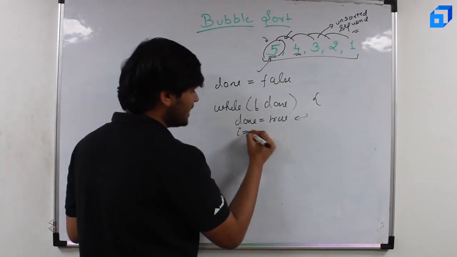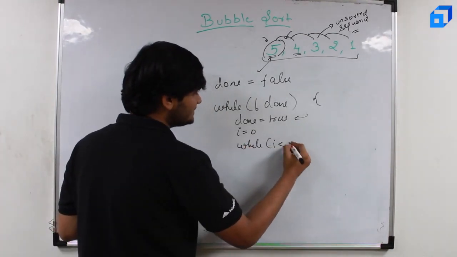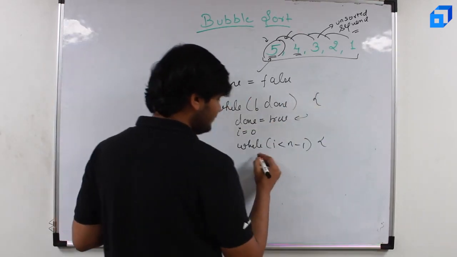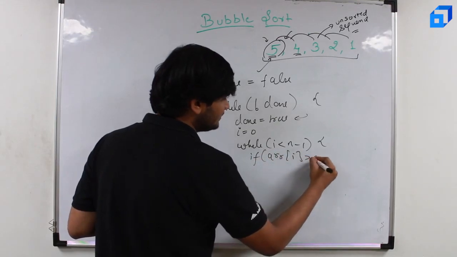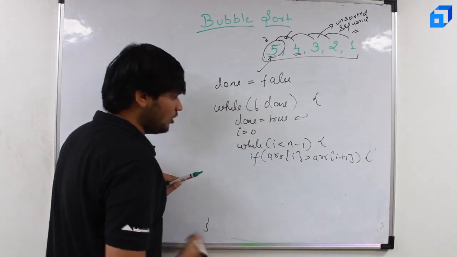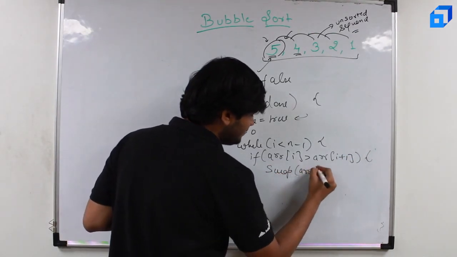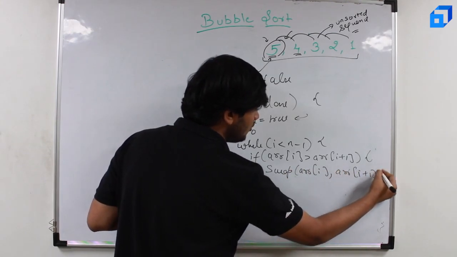Now we will start from i equals 0, and while i is less than n minus 1, right? We will go till the last index and we will check that if array at i is greater than array at i plus 1, then we can swap the element present at the ith index with the element present at the i plus 1th index.